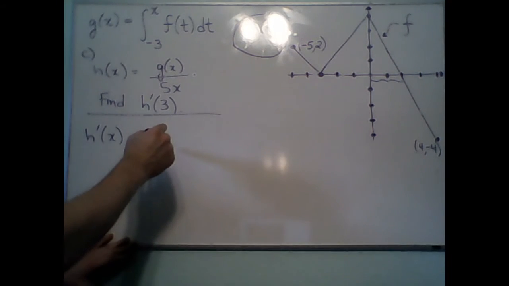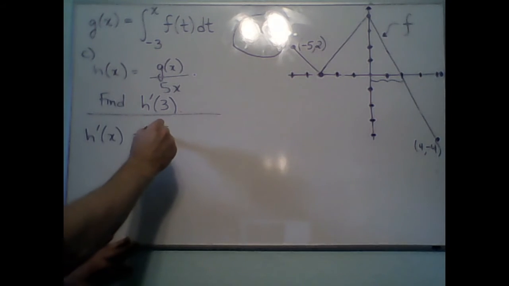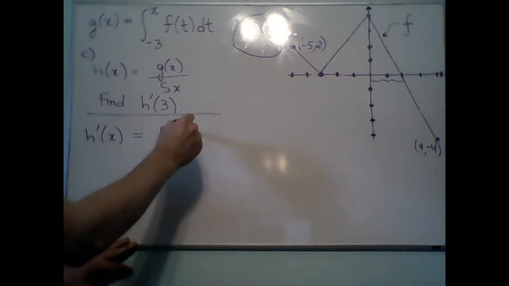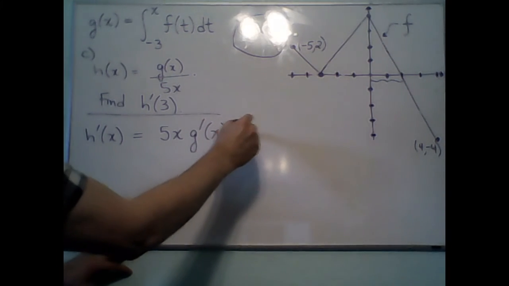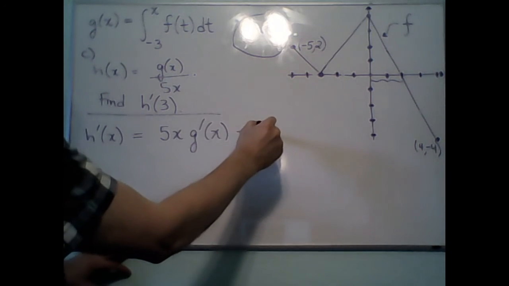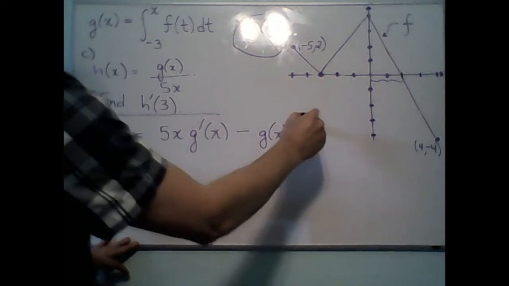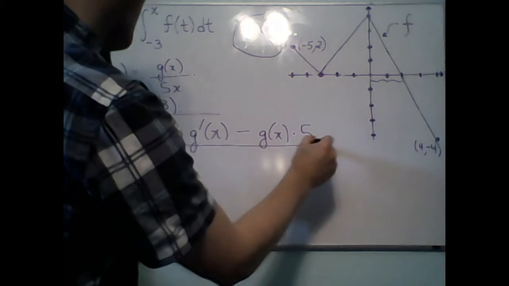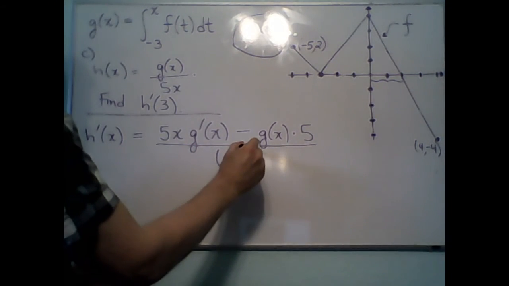So let's try it out. It's going to be low d high less high d low all over low low. So that's low d high, the derivative of g of x, g prime of x, less high d low, g of x times the derivative of 5x, which is 5, using the quotient rule here. Low d high less high d low all over 5x quantity squared.